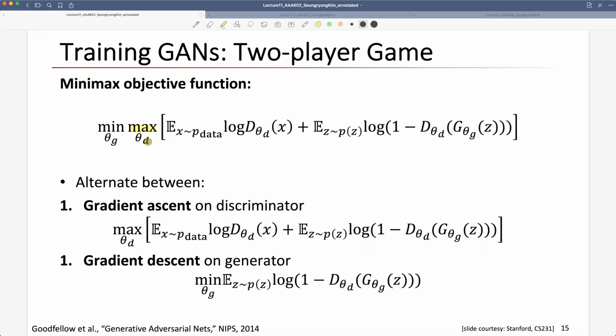Okay. So in other words, for the discriminator, this term is going to be the logistic regression loss function for the two-class problem, right? So, in other words, this optimization problem is going to be the gradient ascent problem on the discriminator.